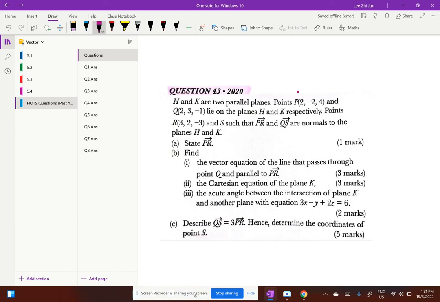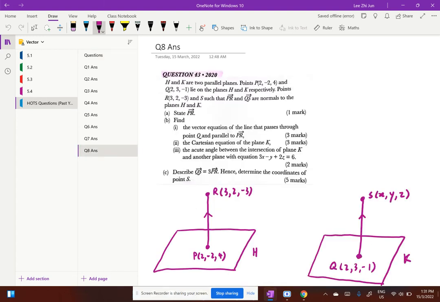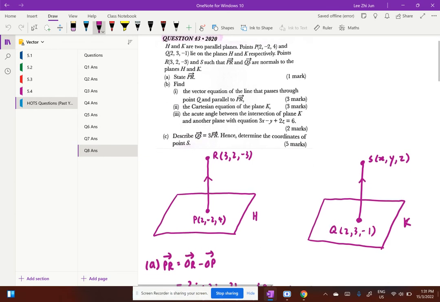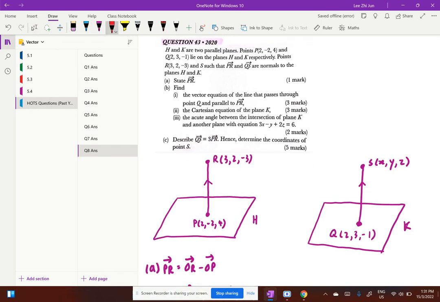So point P on the plane H, point Q on the K. To avoid being confused, I draw H and K. PR is on the H, QS is on the K. PR and QS are normals of the planes. So this question is difficult, that is long. The question is long.